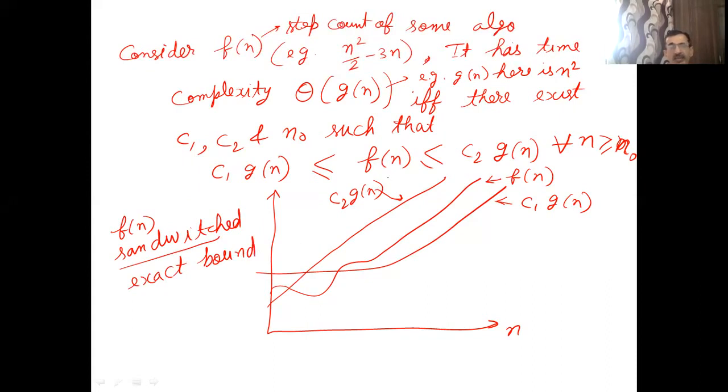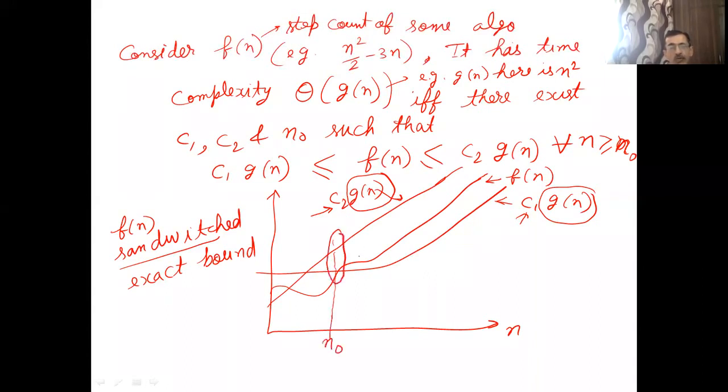Why? g(n) remains the same. If I am saying n square complexity, then with a constant, f(n) will always be greater than or equal to C1 n square, but another constant will exist with the same dominating term, and f(n) will be less than or equal to this for some larger values. Initially it may get violated, but n naught will be this.